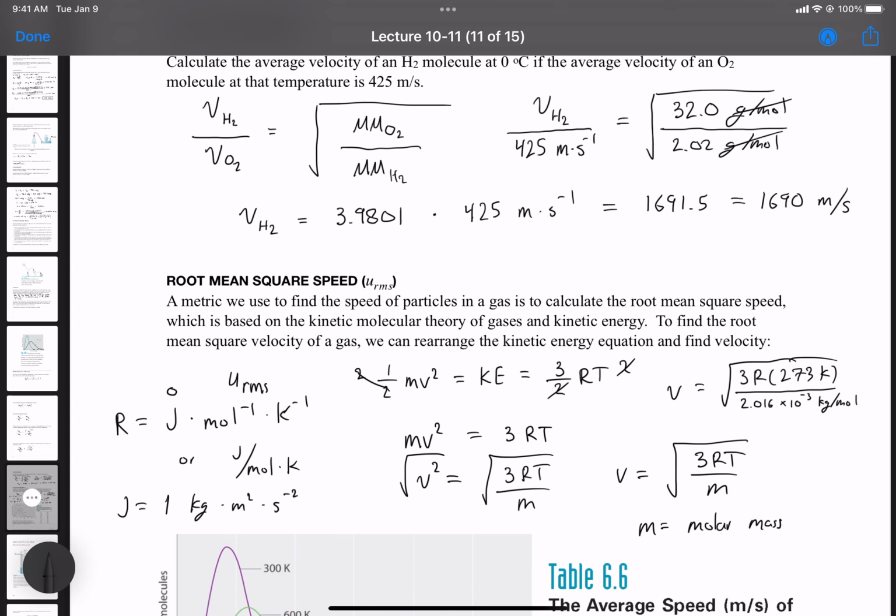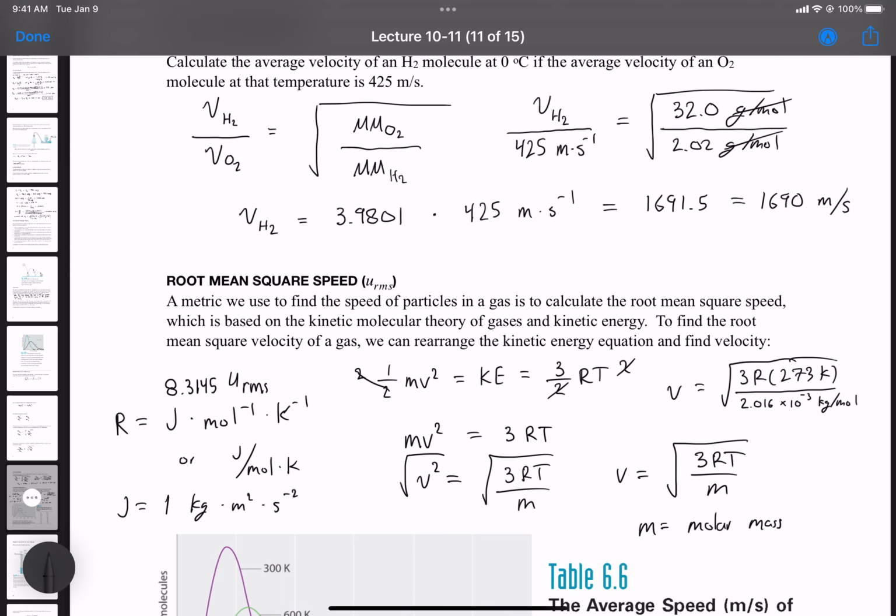It's actually 8.3145. If there are different units, it's going to have a different value, so that's why we use this value instead of 0.08206.